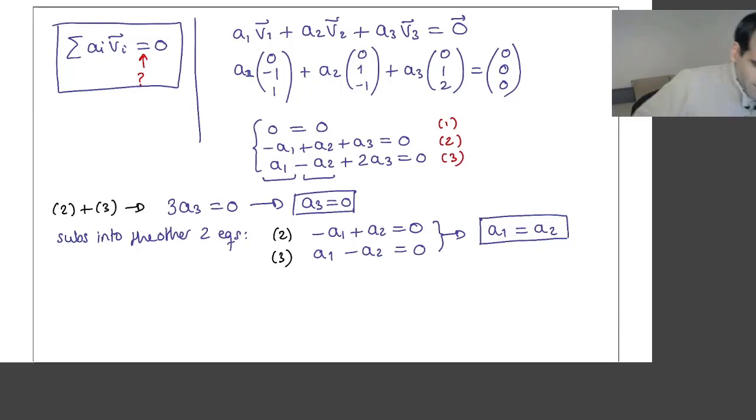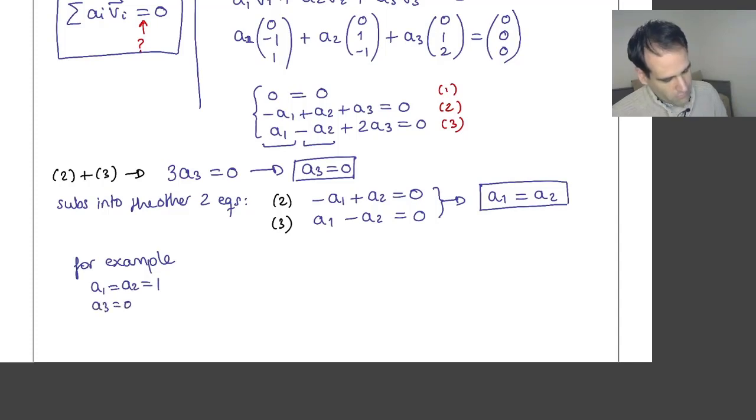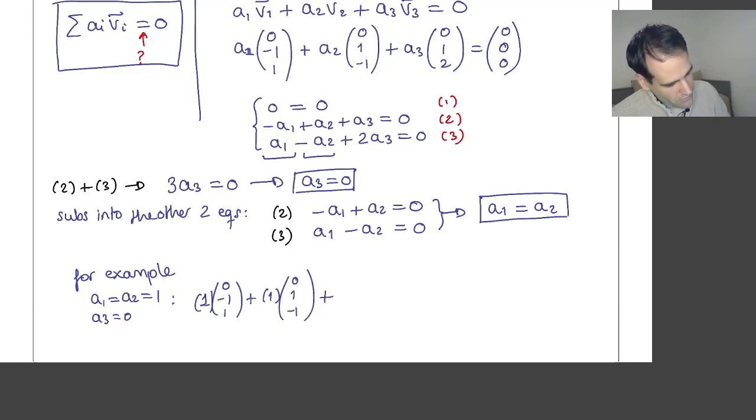So if you don't believe me, let's check. This is just an example. Let's say that A1 equals A2 equals 1, while A3 equals 0. So what happens when we do the linear combination of the three vectors? We do A1 times the first vector, which is 1 times the first vector, plus A2, which is again 1 times the second vector, which is 0, 1, minus 1, and then plus A3, which is 0 times the third vector, 0, 1, 2.